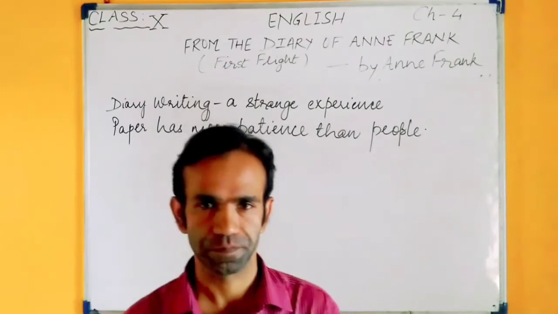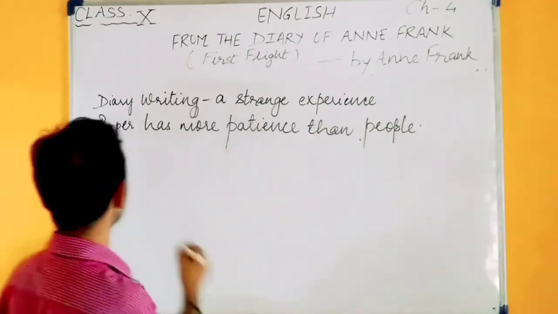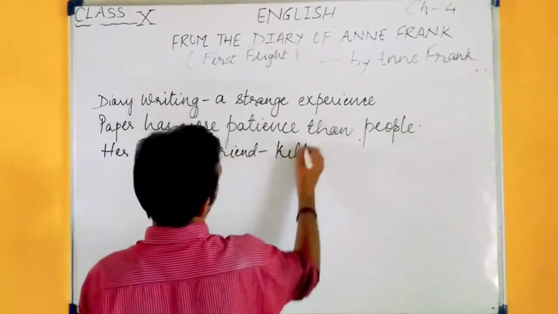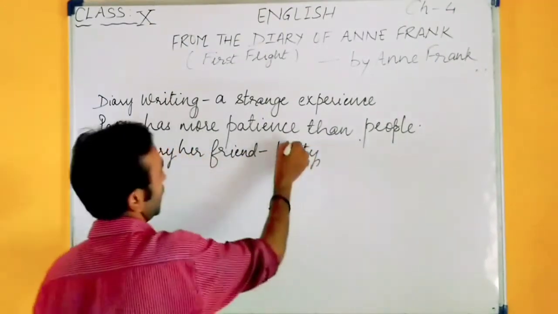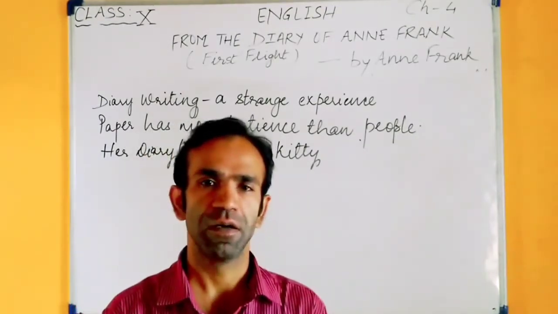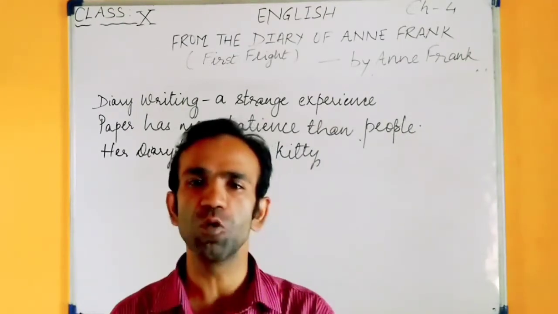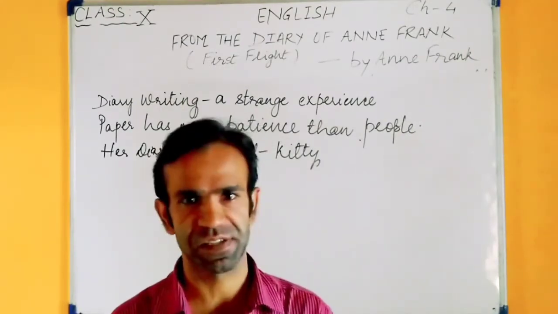Okay. The next point is her diary, her friend Kitty. Okay, she has named Kitty. So Annie Frank writes that outwardly there are about 30 people whom she can call friends.